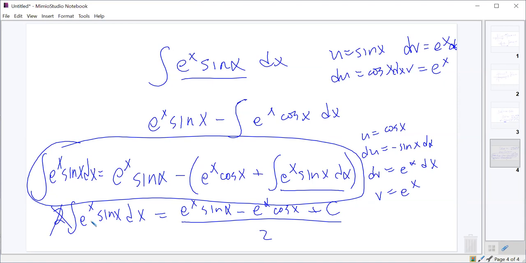And so we have 2 integrals of e to the x sine x dx equals e to the x sine x minus e to the x cosine x plus our constant. And then we just divide by 2 to say the integral of e to the x sine x is this thing that we had divided by 2. Does that make sense or no?